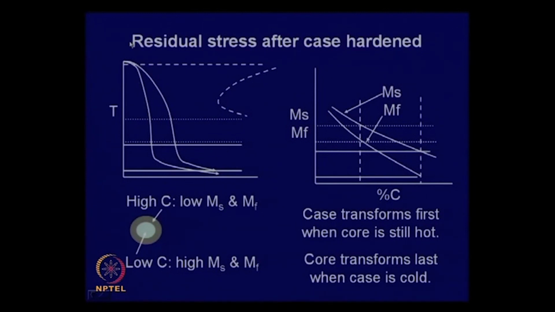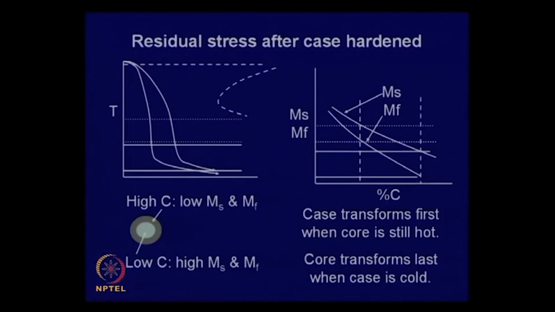Now, what happens? Where does the transformation take place first? When the case reaches MS temperature, the core temperature is quite high. High temperature means it has low strength also. So, when the case is transforming, the core can accommodate the associated deformation.